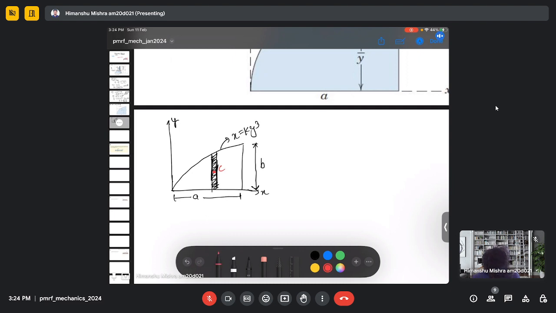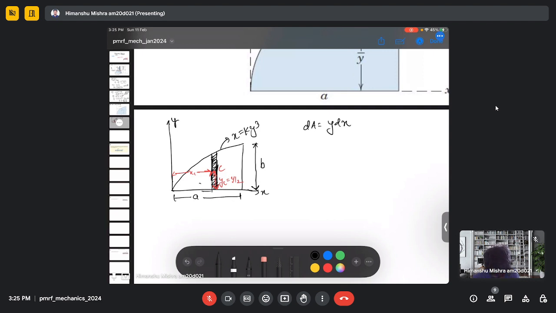And my centroid coordinates will be this yc, which is y by 2, and this is xc. So the area of this element will be y dx.